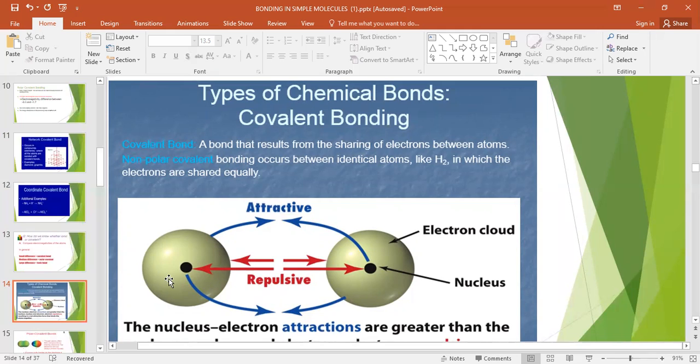This is called attractive forces between elements. You can see this one is the first element, this one is the second element. The protons of the first nucleus are attracted by the electrons of the other nucleus. And when they attract each other, as a result of the force of attraction, we form a chemical bond. If different atoms, then this happens.